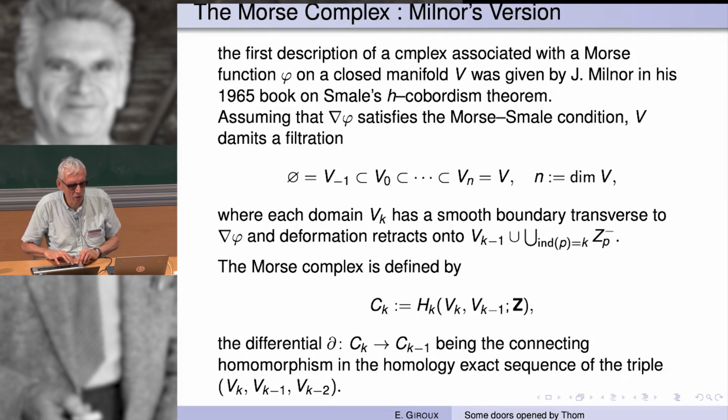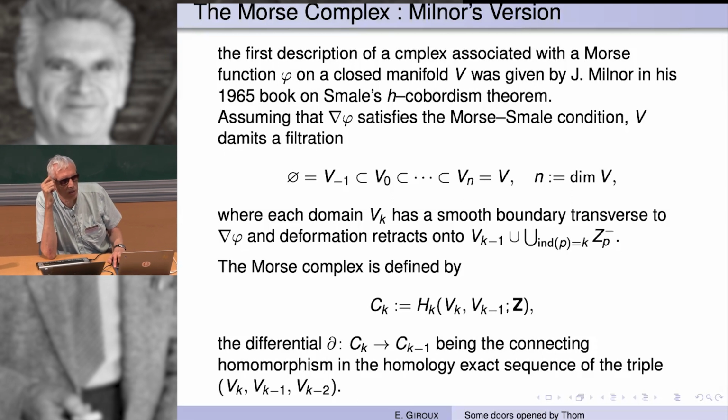And the differential is just the connecting homomorphism in the homology exact sequence of the triple. So you see, here we are back to somehow, of course, we use Thom's ideas, but we are somehow back to the point of view of Morse because you again consider sublevel sets.